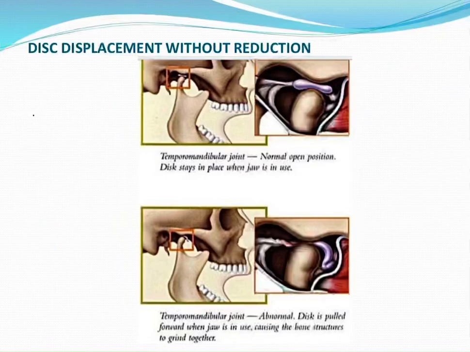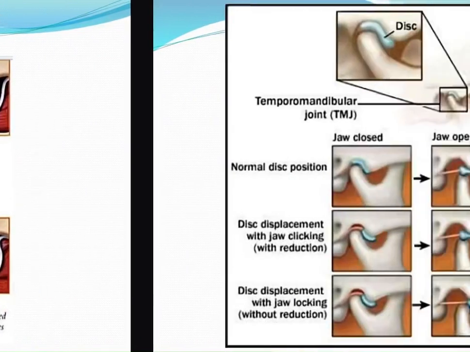As we see here in this picture, TMJ in normal opening position, the disc stays in place when the jaw is in use. Disc remains in its normal place. TMJ with abnormal disc is pulled frontal when the jaw is in use, causing the bone structures to grind together.